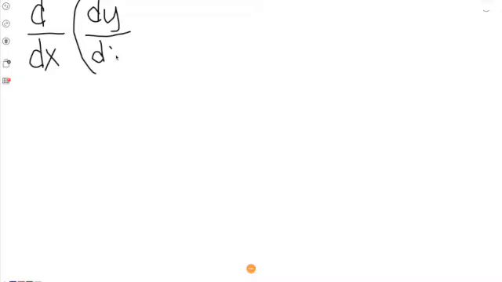So this equation can also be written as the derivative with respect to x of the derivative of y with respect to x, that's equal to 4x plus 3.